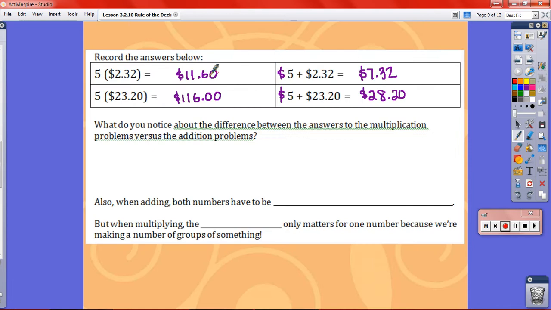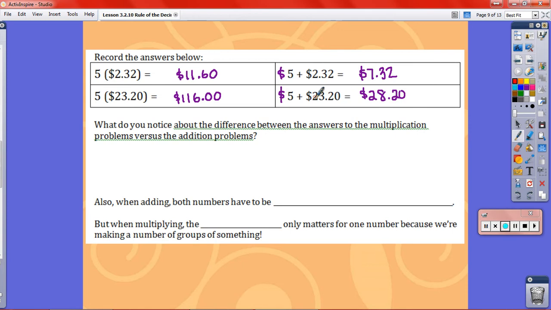So we start to look at the pattern here. It's 5 times 232 is 1160. 5 times 2320 is 116. $5 plus 232 is 732, and $5 plus 2320 is 2820. And I asked students, what do you notice about the difference between the answers to the multiplication problems versus the addition problems?